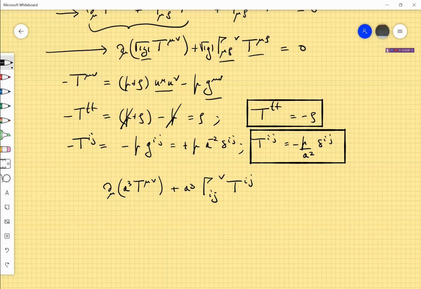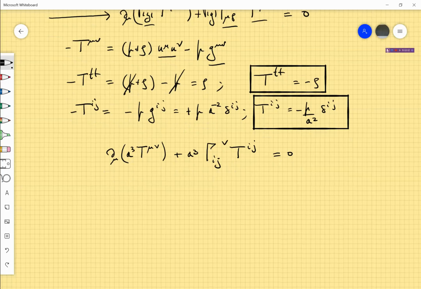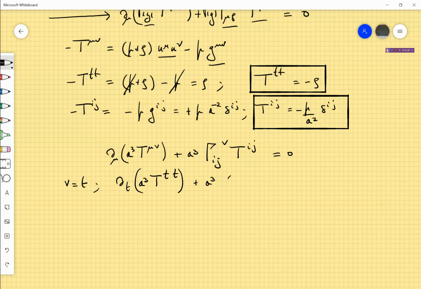And then the free index nu. Okay, and with tij, well, let's see. Now for nu equal to t, we have partial mu a cube t mu t, but this implies that mu has to be t. That's the only possibility which is not vanishing. So this is what you get, plus a cube gamma ij, and the t ij, which is minus p divided by a squared delta ij.